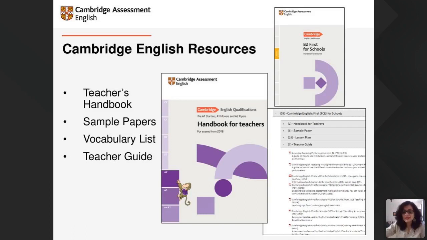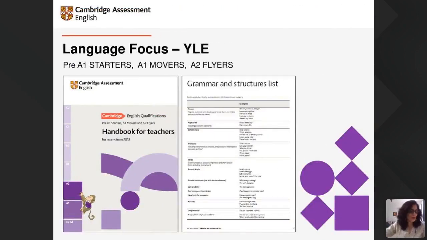So all of this is downloadable from the Cambridge English website. And sometimes sample papers and vocabulary lists are downloadable as separate PDF files. And many times you will also find them integrated in the handbook, right? So as far as the resources go, we are going to focus on the handbook.